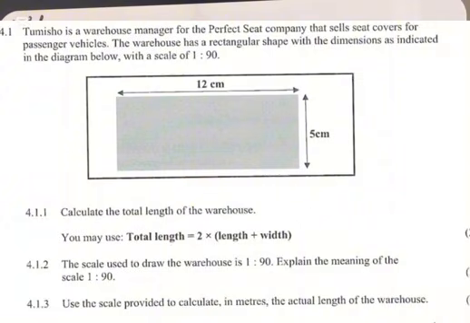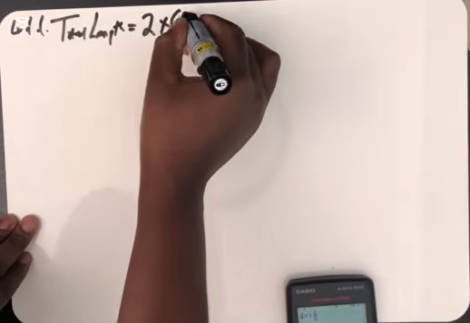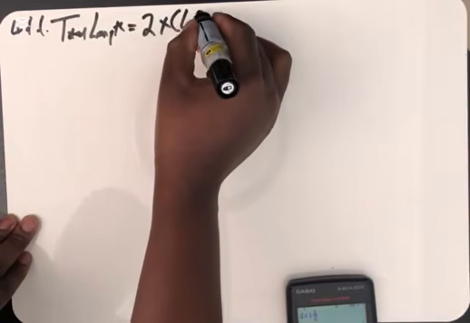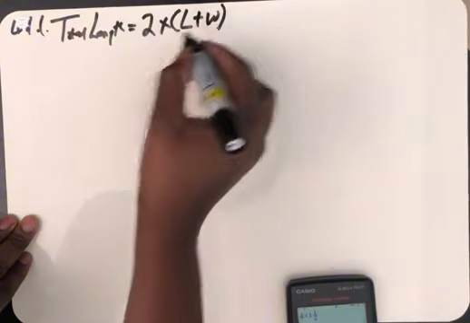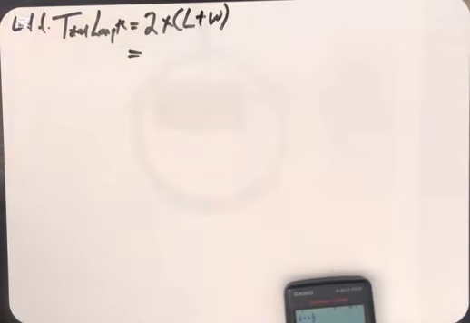You may use the equation. So this is the equation that they say we may use. Total length is equal to 2 multiplied by length plus width. Don't change anything. They said 2 multiplied by length plus width.